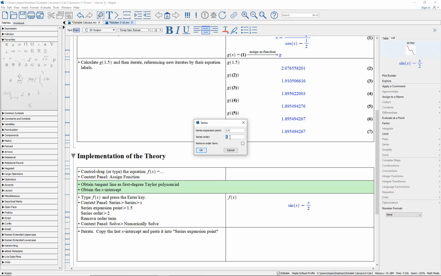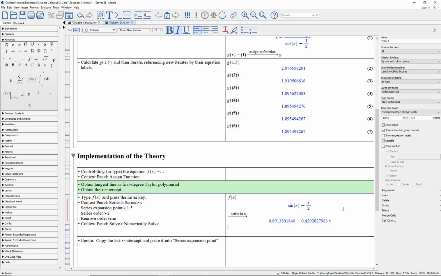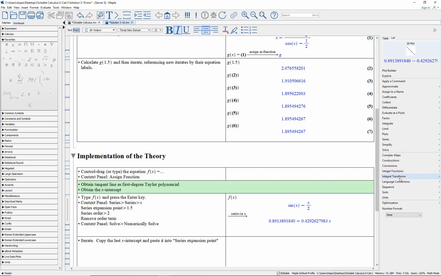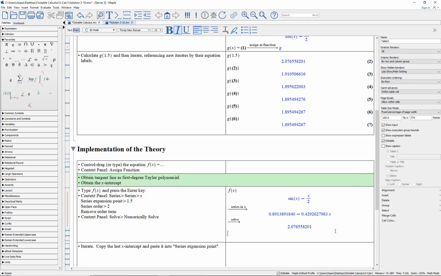And by taking the order 2 and removing the order term, we have essentially the tangent line. Now, we want to solve for x, because this is being set equal to 0, and we want to solve this for x. Numerically solve will do. That gives us the first iterate.